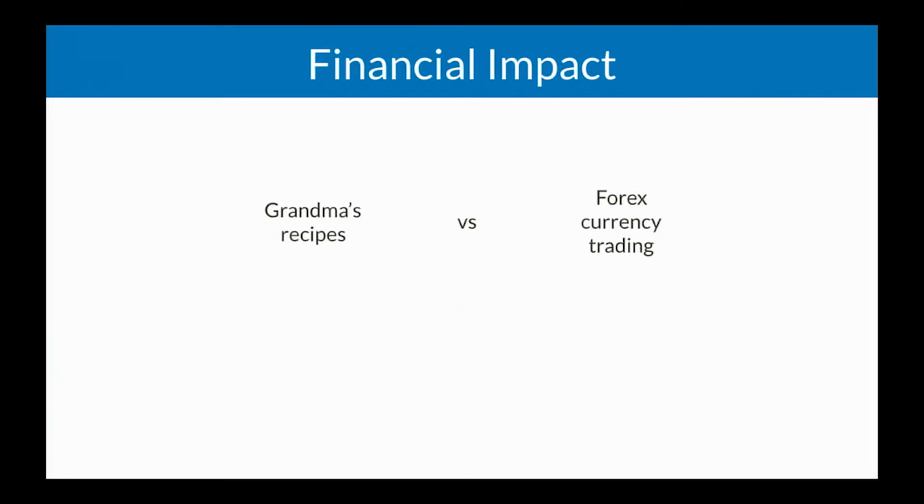Also, financial impact. If you use Forex currency trading or something, there's a financial impact, the stock market, things like that. A tiny little mistake in the logic can cause your entire business to collapse within 24 hours, like it happens. Forgot the name of the company.